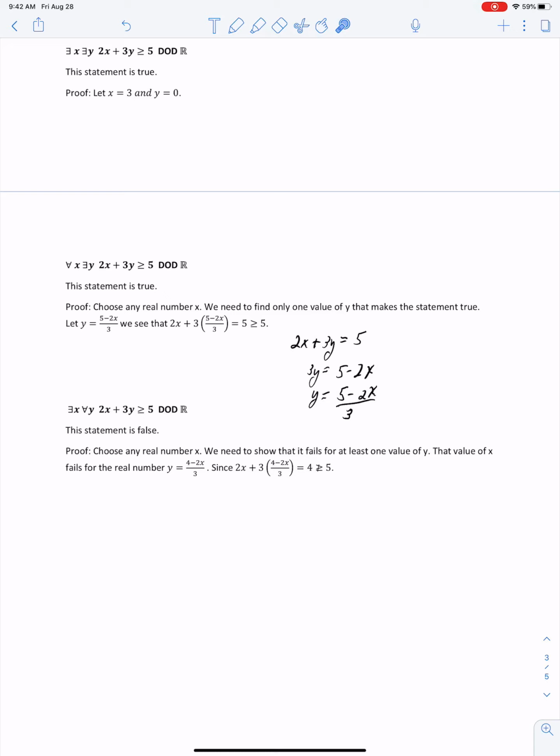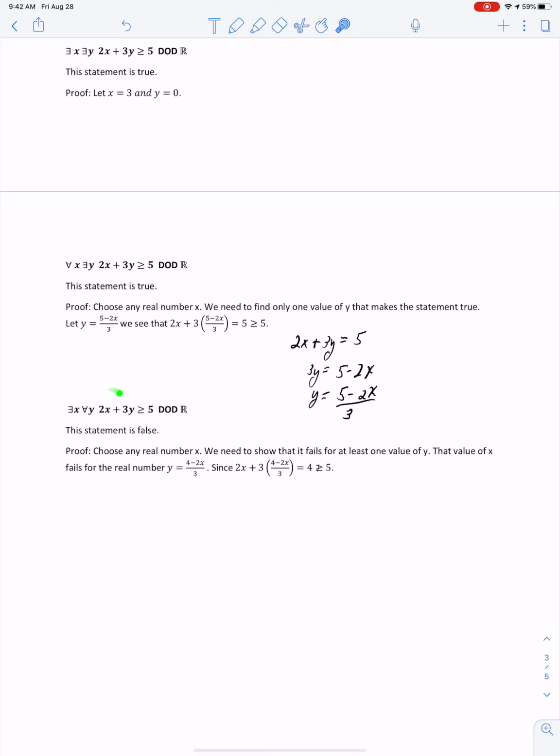What value of y am I going to pick? Well, I do the same kind of trick I did up here, except I want my y to work out to where this is not greater than or equal to 5. There's lots of examples, but the one I choose is let y be 4 minus 2x divided by 3.